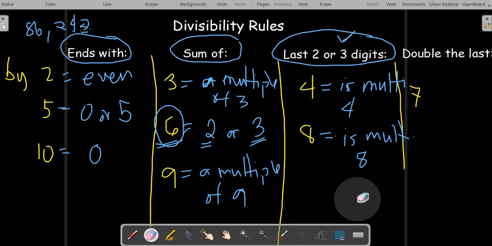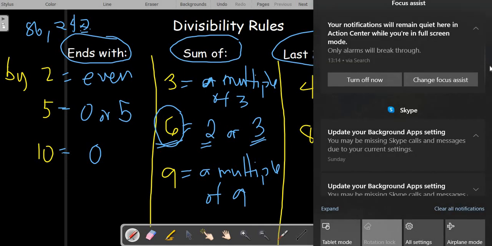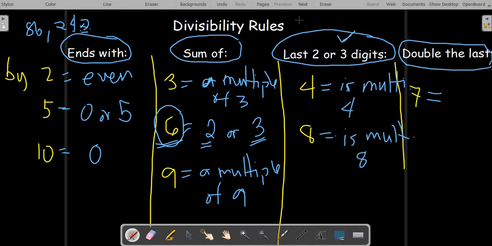And we have divisible by 7. Now it's quite challenging, because you need to double the last digit and subtract it from the remaining digits. I name it double the last group. If the result becomes 0, then that number is divisible by 7.